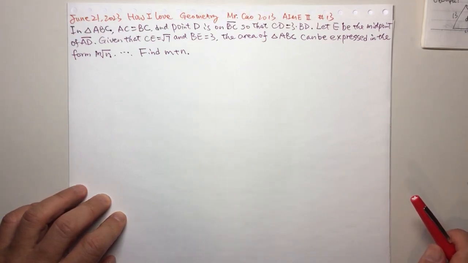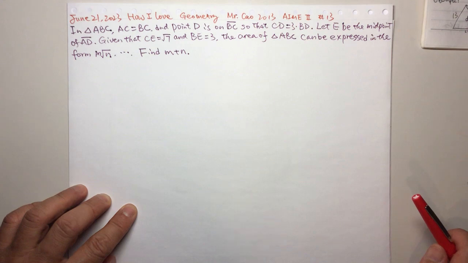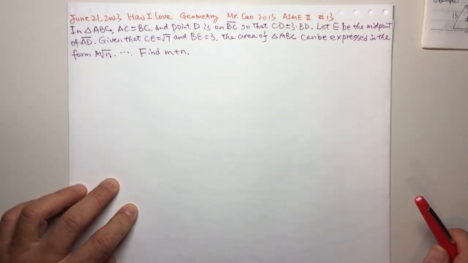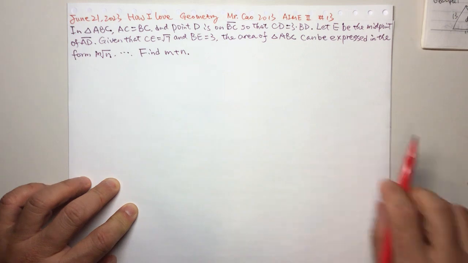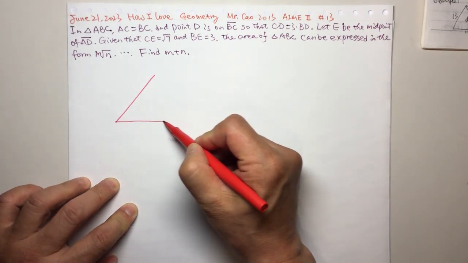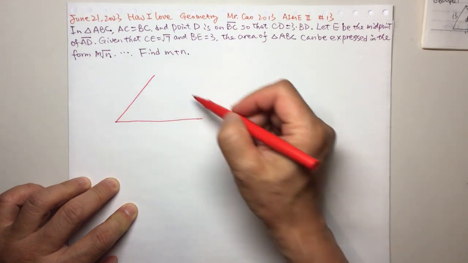I'm Mr. Chang. This problem is from 2013, AIME II, problem number 13. In triangle ABC, AC equals BC, and the point D is on BC so that CD equals 3 times BD. Let's draw a scratch diagram.